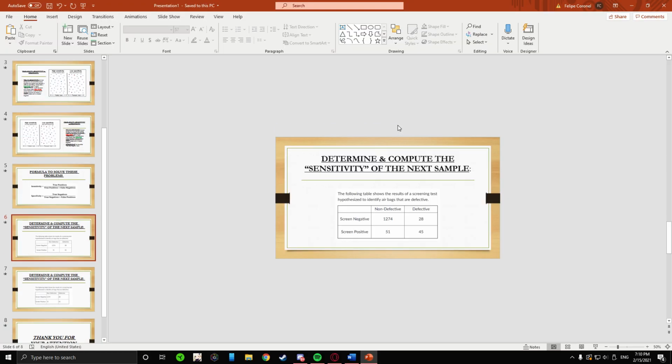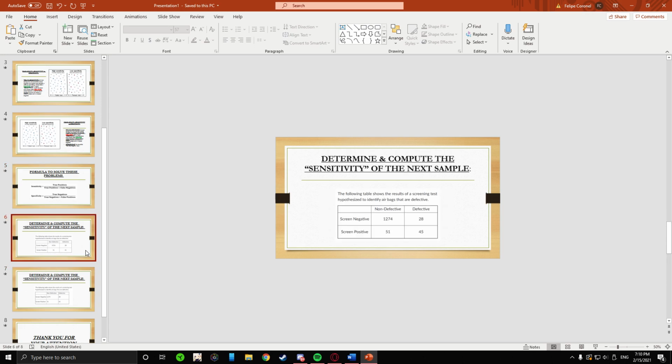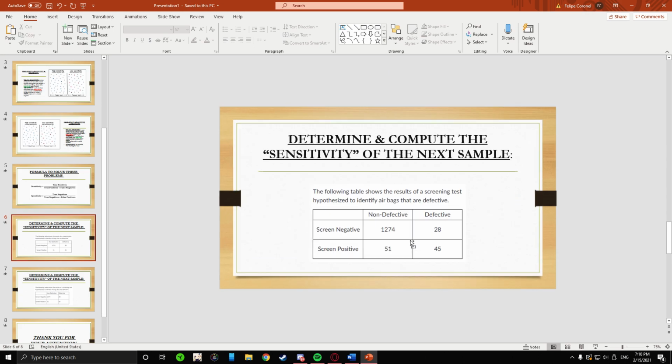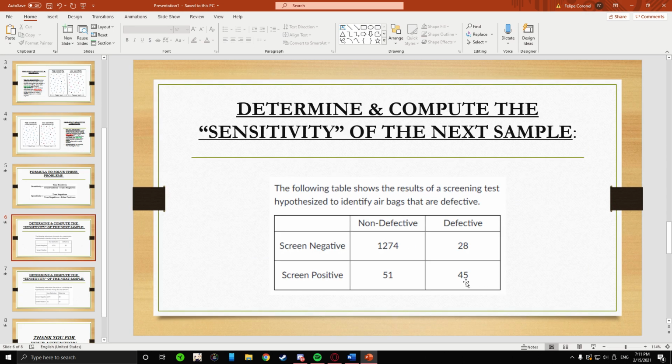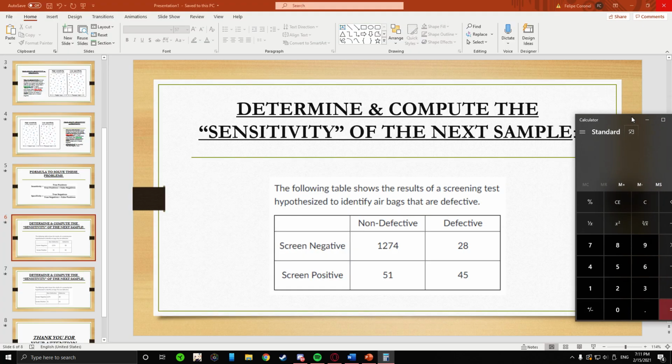It's pretty simple, as I said. It's not that hard for a person to understand the topic and solve them. So basically, the true positives for this example are 45, which are the screen positive. We're going to use the calculator to solve it real quick.